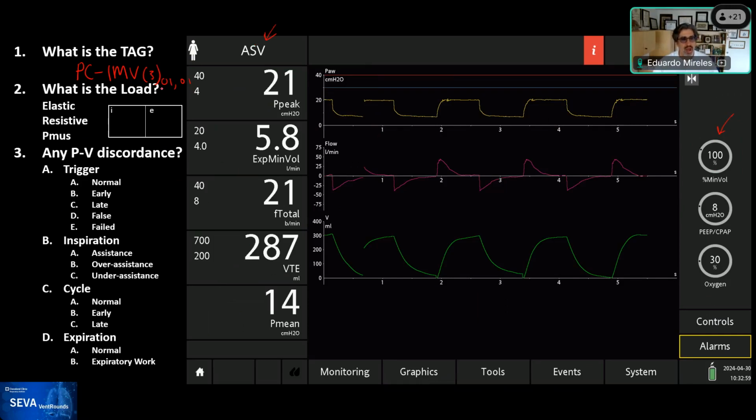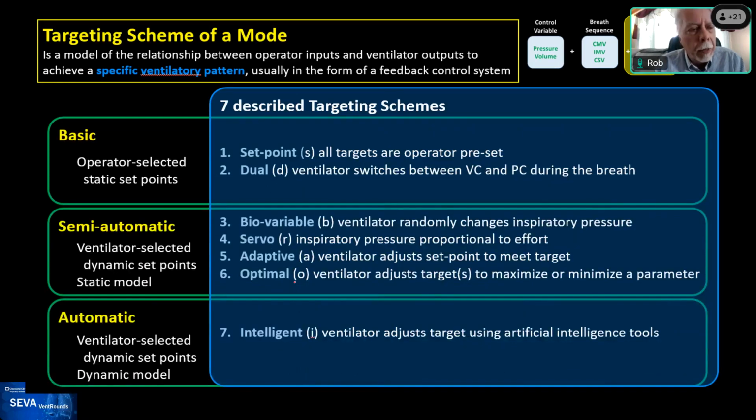And then OI. And Rob, would you like to talk a little bit about the OI? What does this mean? Well, first of all, O means optimal. Optimal is an advanced form of adaptive targeting. And by adaptive, in this case, we mean that for a particular breath, the ventilator can adjust the inspiratory pressure to achieve the target tidal volume.